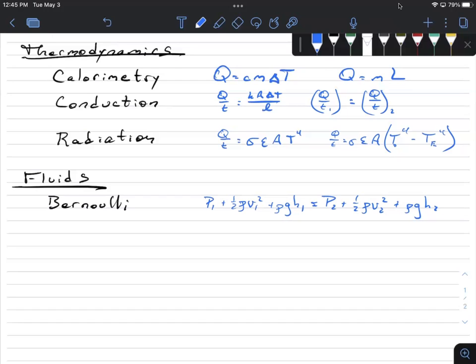And then, of course, we needed a secondary equation to help us use this equation for those times where the pipe does change size. Because we noted that if a fluid is flowing through a pipe and the pipe changes size, one thing that must remain the same is the amount of fluid that flows per second, or the volume flow rate.